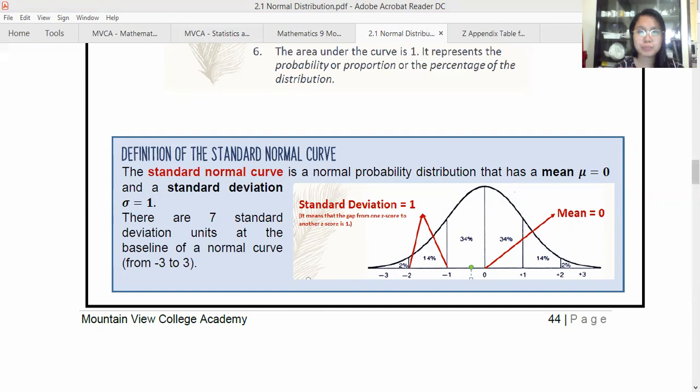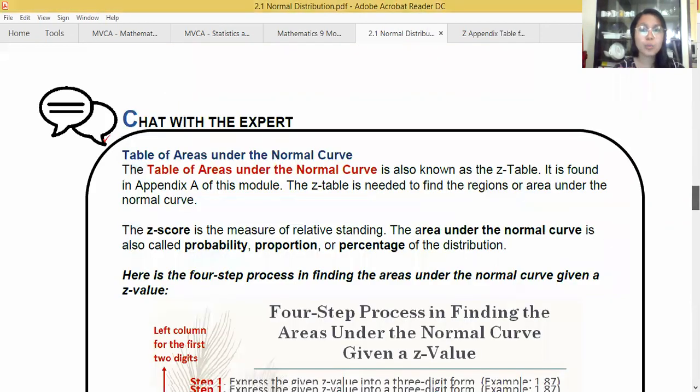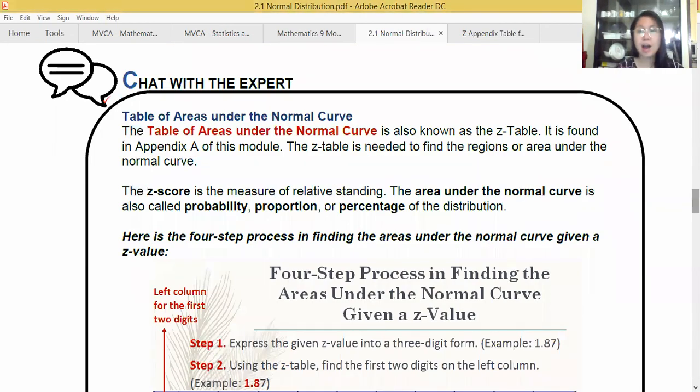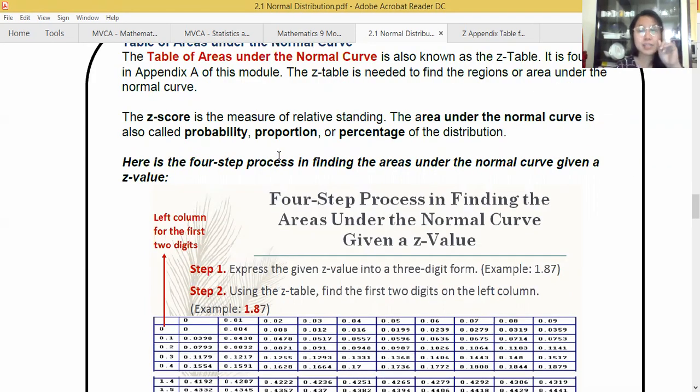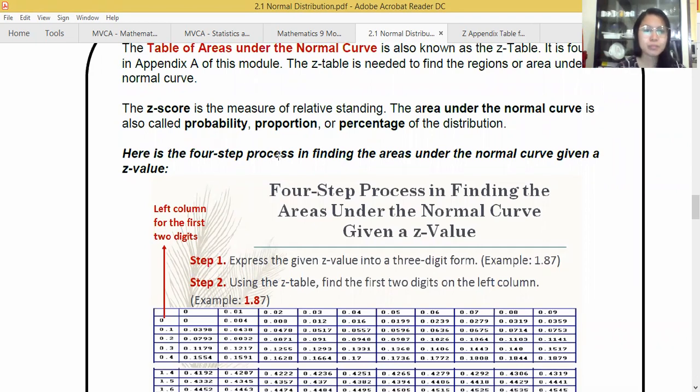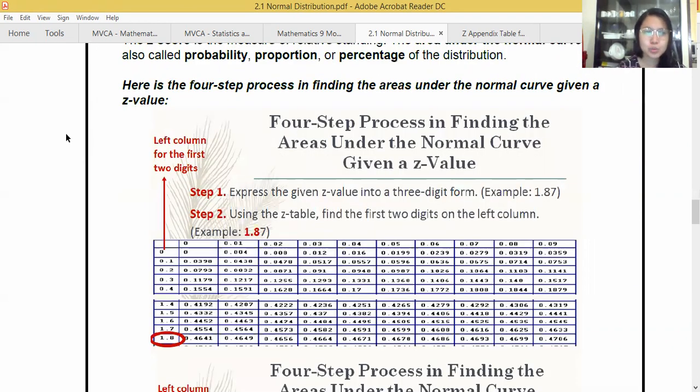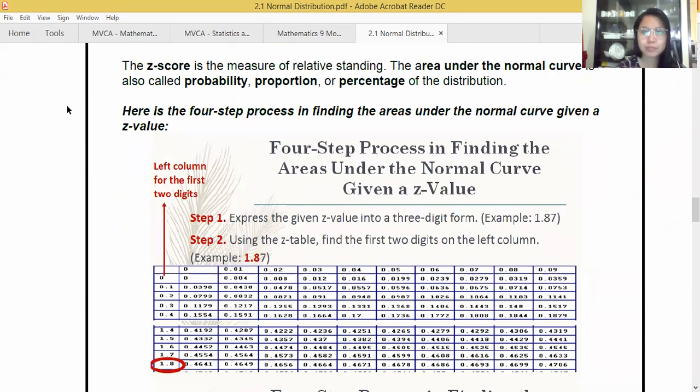Now, we'll determine areas under the normal curve. And how do we do it? I just uploaded a while ago, I guess 5 minutes ago, Appendix A. You can go to your Z table and let me show you how to read the Z table. Let me go to the Z table in the next one.